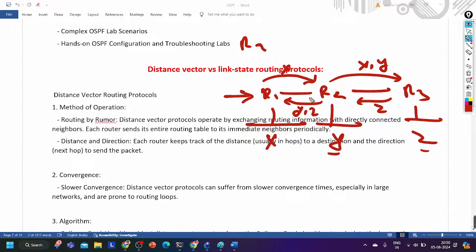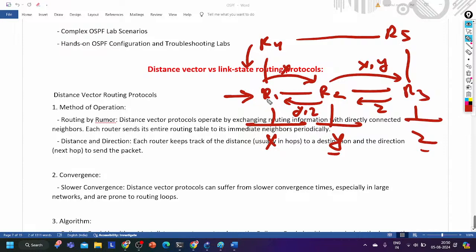But suppose there is one alternate path available, right? R4, R5. R1 is connected with R4 also, and R3 also. In this scenario, router 4 will also advertise the Z network and Y network to router number 1. But router 1 will not accept it because it is receiving the best path from router number 2 with a lower metric.